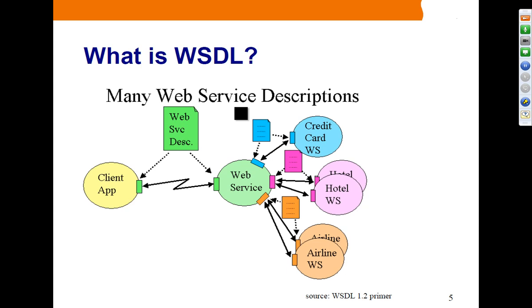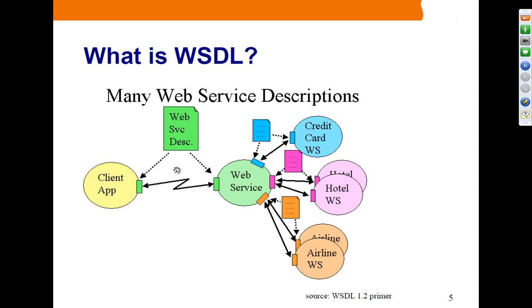A WSDL document has to be provided to the client for any web service. So if this is a web service, it has to provide a web service description language document to the client. As I said before, that is the only contract needed between client and server.